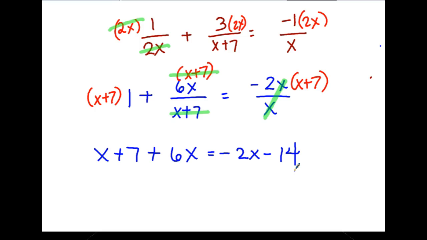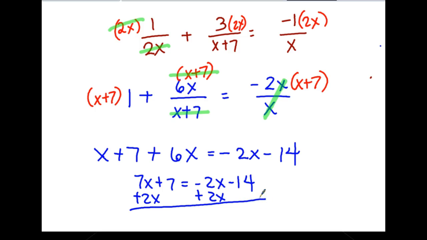Let's see. We need to combine our like terms. We need to get the x's together. Nine x plus 7 equals negative 14.